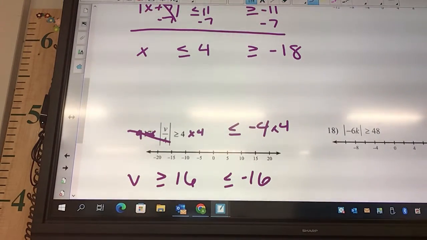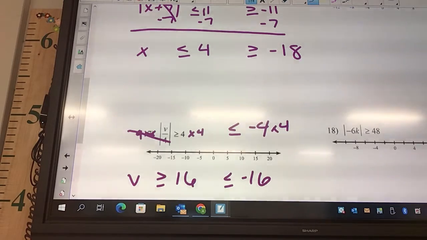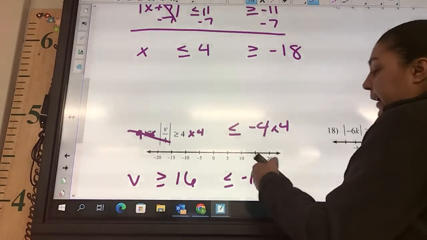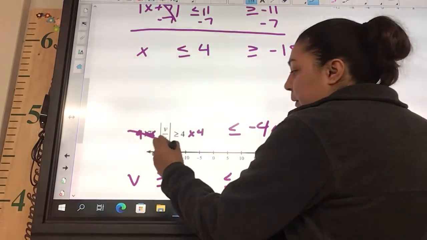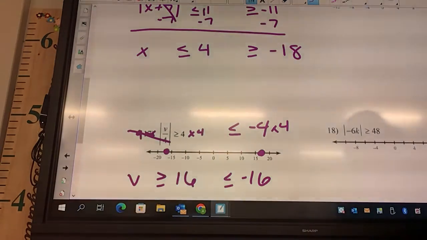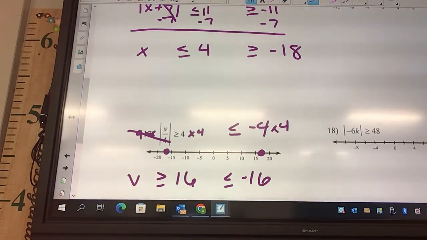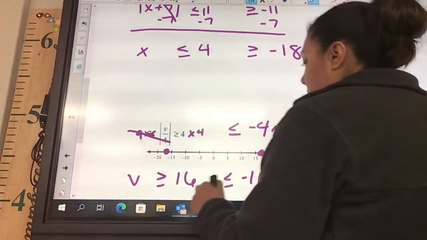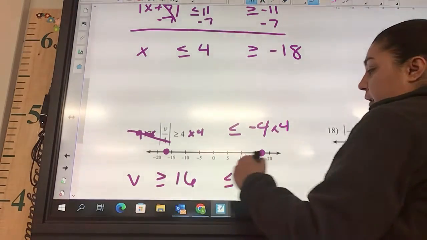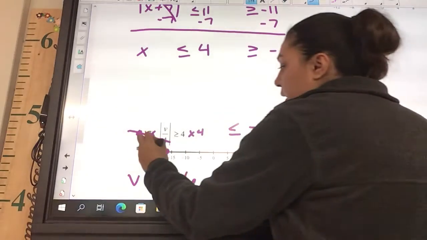Should those be open or closed? Closed. Okay, and again, these go by 5, so just pick a spot between 15 and 20. Are those going to be pointed in or out? V is greater than 16, so yes, out.